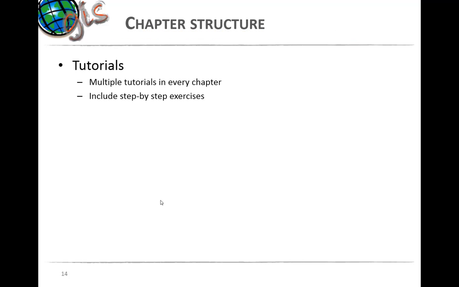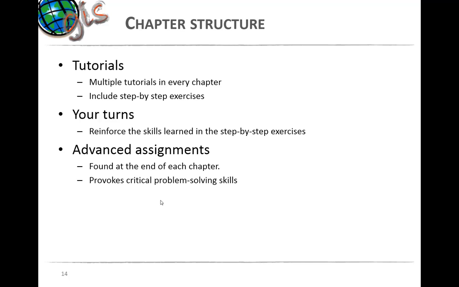First you have the tutorials including step-by-step exercises, and then it's your turn to reinforce your skills. Then you have 1 or 2 assignments at the end of each chapter, which help you revise all the skills and bring everything together, based on what you learned through the videos, the lectures and the walkthroughs.